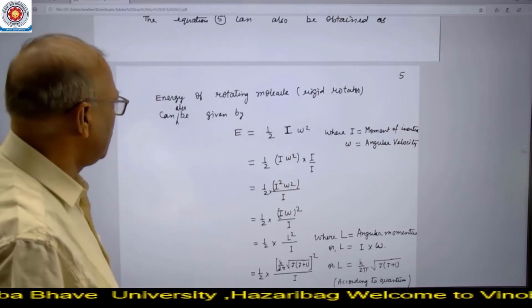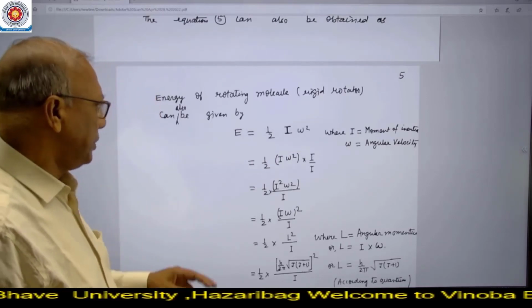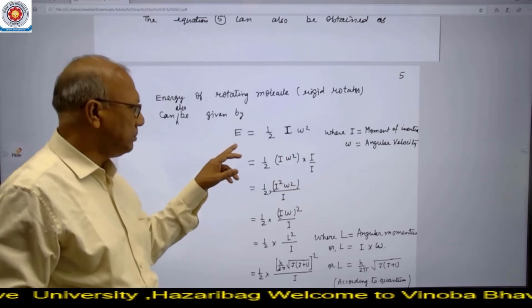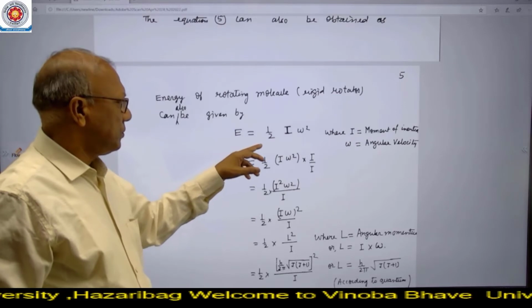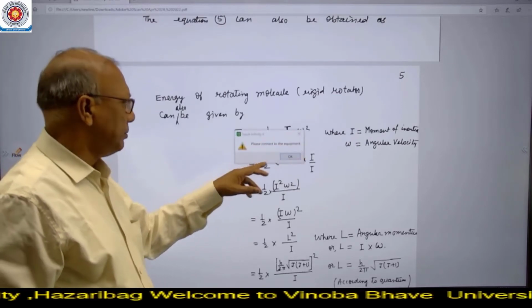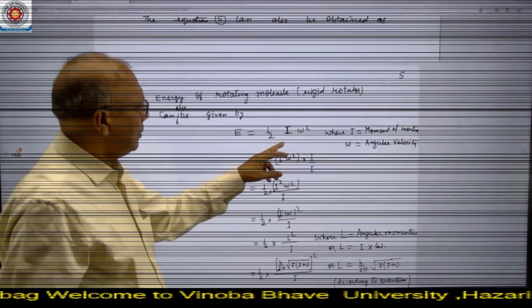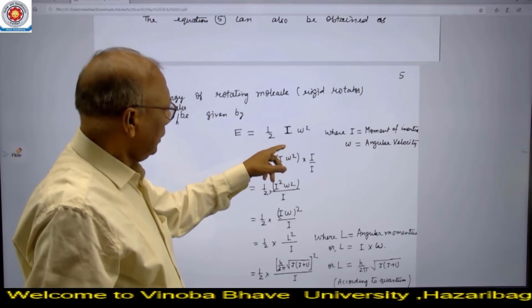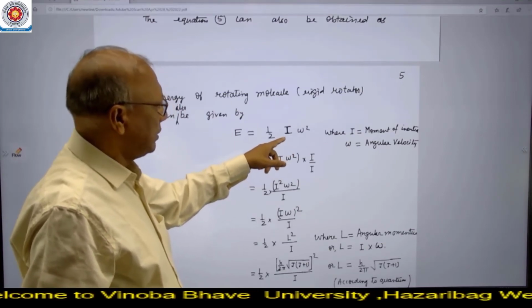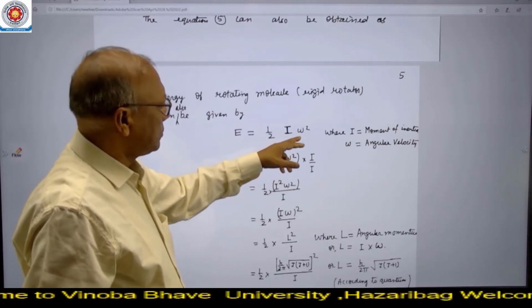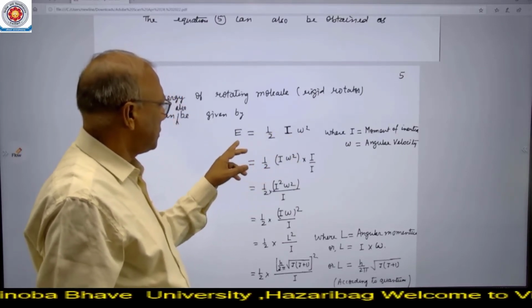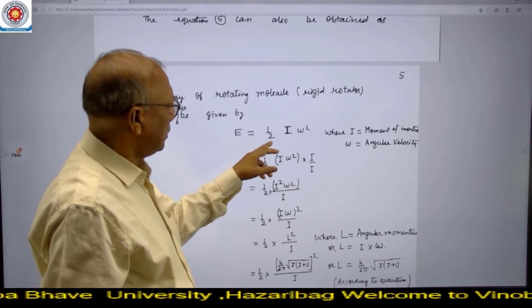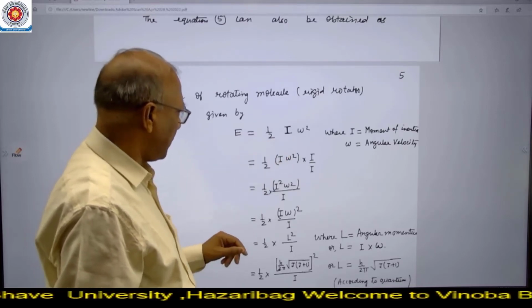This is similar to E is equal to half mv square, the kinetic energy equation, but in this case mass is replaced by the moment of inertia and velocity is replaced by the angular velocity. Therefore, the equation becomes E is equal to half I omega square.